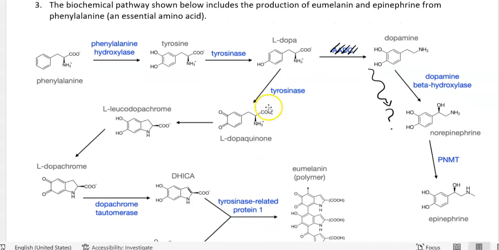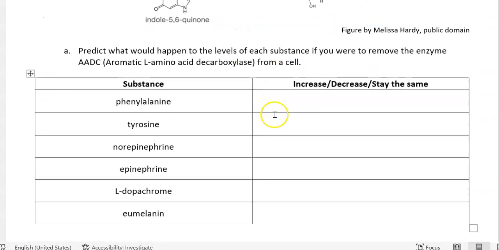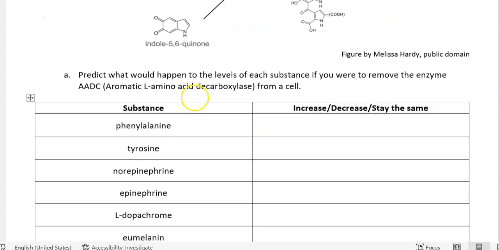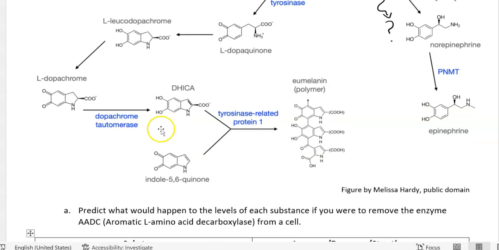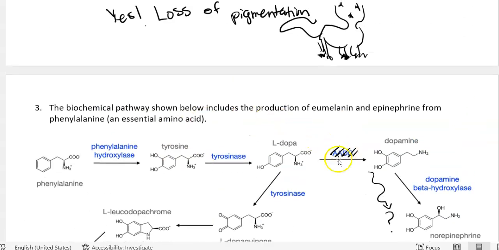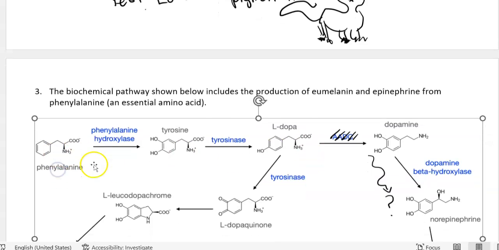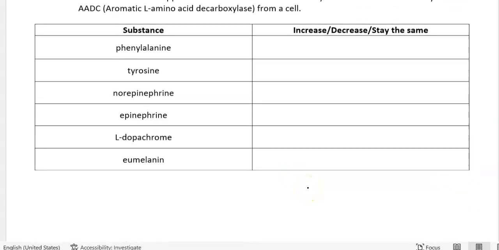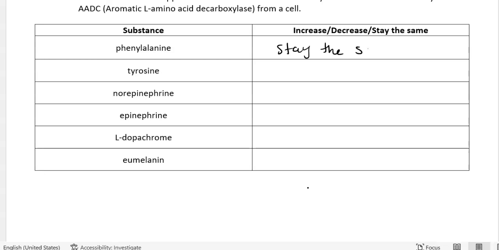So we have to look at each substance. Did we change the amount of phenylalanine by affecting AADC? No, we still start with the same material. So phenylalanine is right here and stays the same.